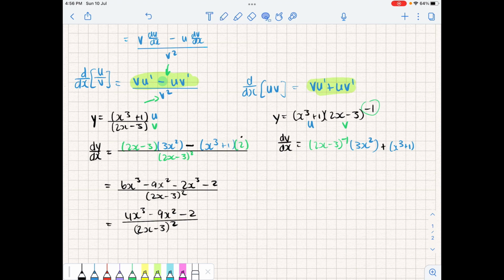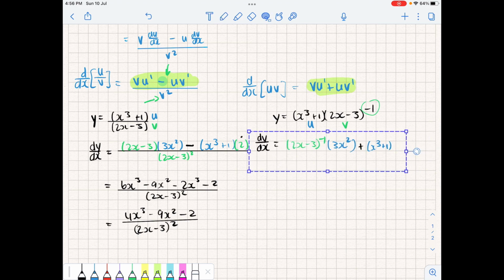I'm just going to slide this off to the left. So we're going to multiply by the power and reduce the power by 1 and multiply by the derivative of the inside function. So the inside derivative would be 2. And now I can tidy things up.